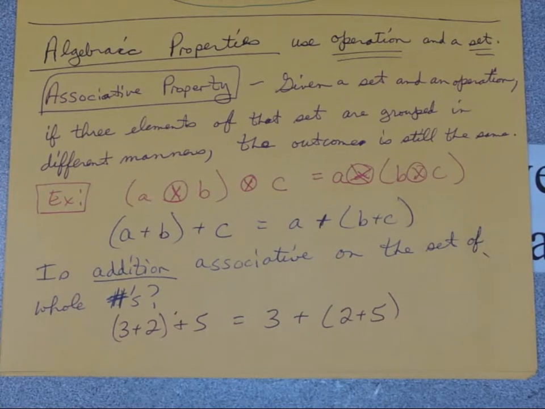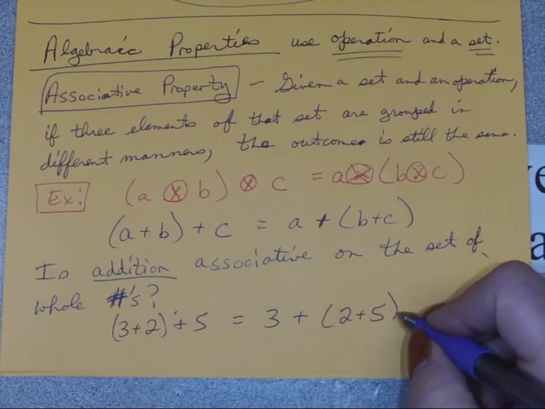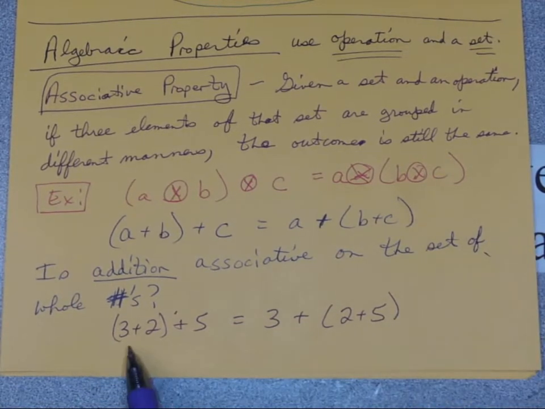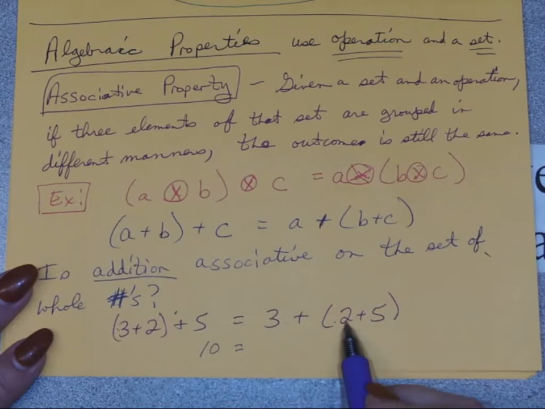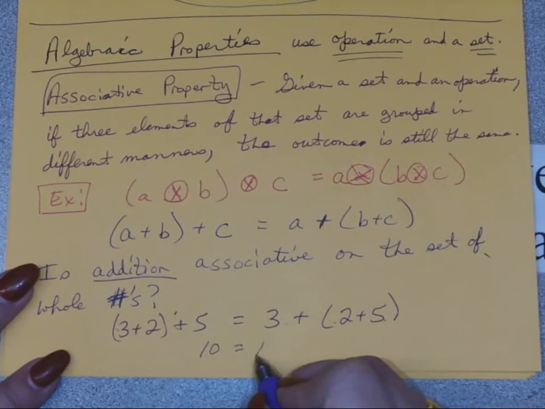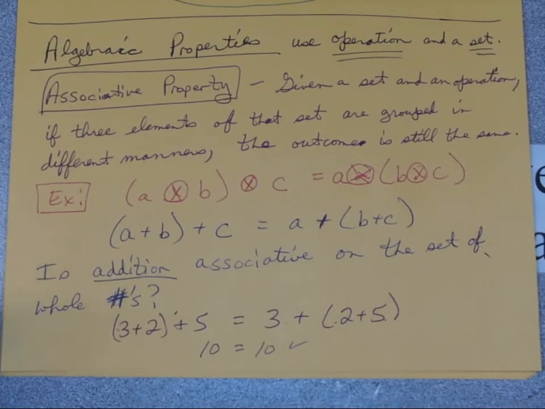Those didn't change, but I moved the parentheses. Are those the same? So over here I get a 5 plus 5, I get 10. Is that equal to 3 plus 7? Yeah, that's also 10, right? So those are equivalent statements, so therefore this is equal, so that means that we think addition is associative on the set of whole numbers.